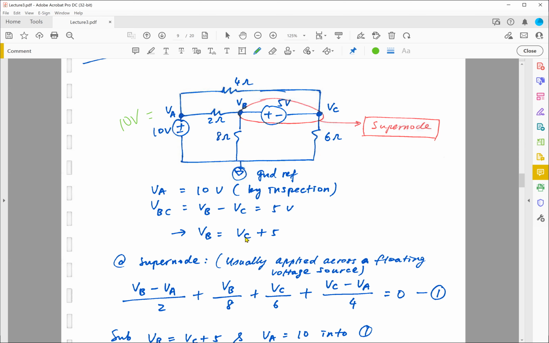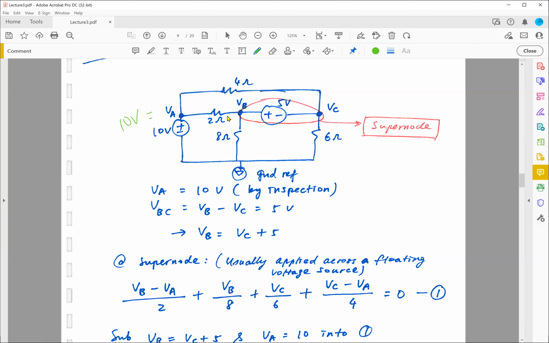So therefore VB is equal to VC plus 5. And VB minus VC simply is VBC. Okay, so this is the equation that describes the relationship between VB and VC, and we need this. Okay. So now I can write the equation for this supernode.